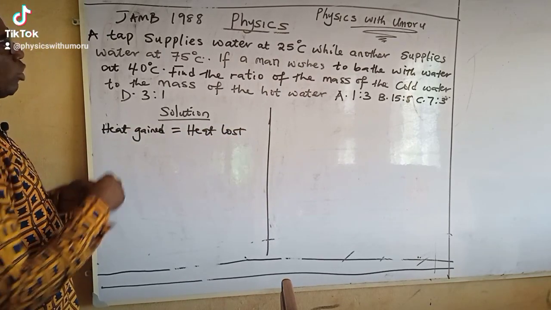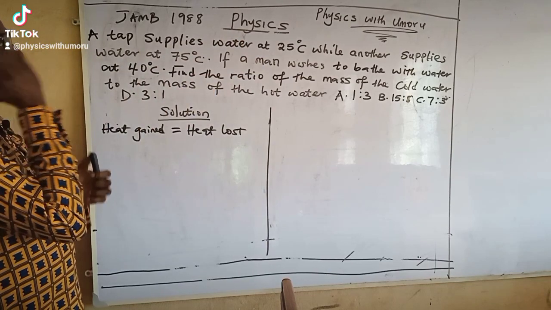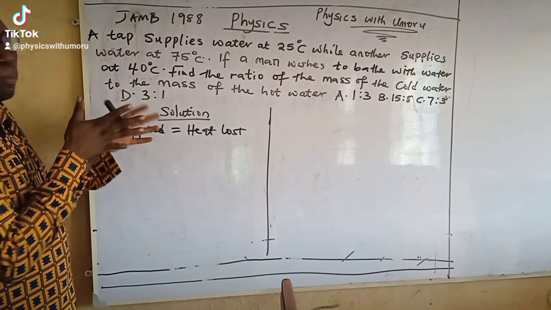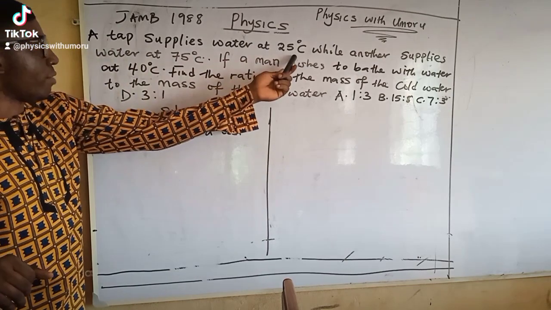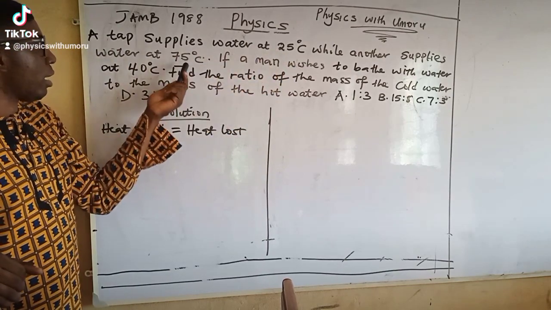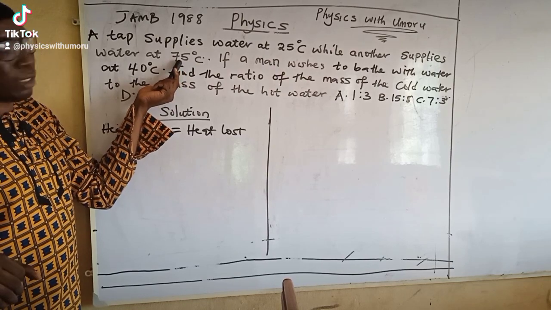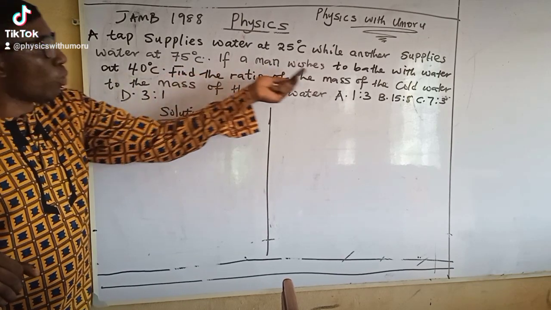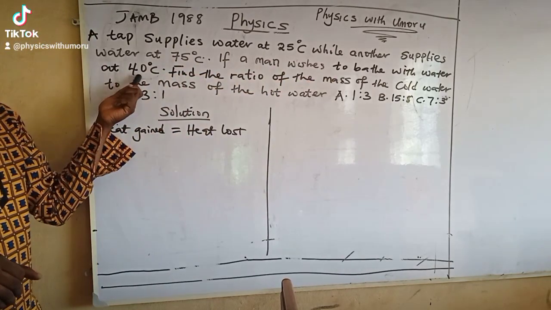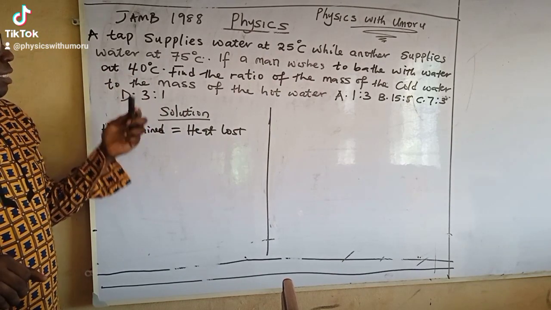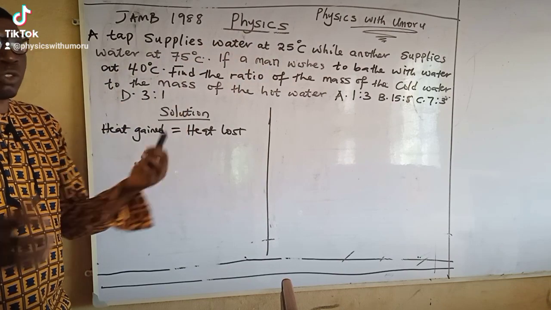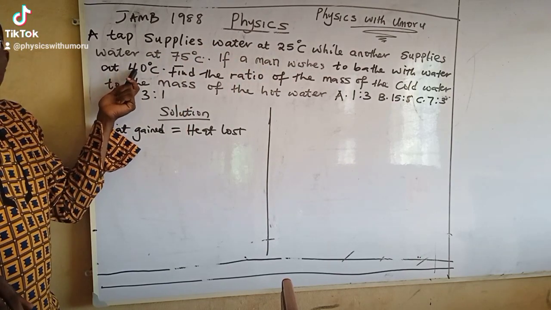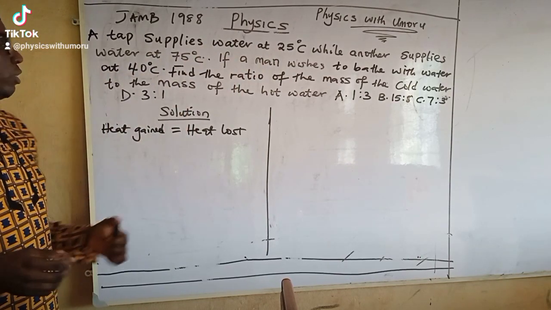Here is a case of a tap that can supply hot water and cold water. The water at 25 degrees should be the cold, since 75 degrees is the hot. If a man wishes to bathe with 40 degrees Celsius, it means he will have to mix the hot and the cold together to actualize 40 degrees Celsius, which is the warm temperature.